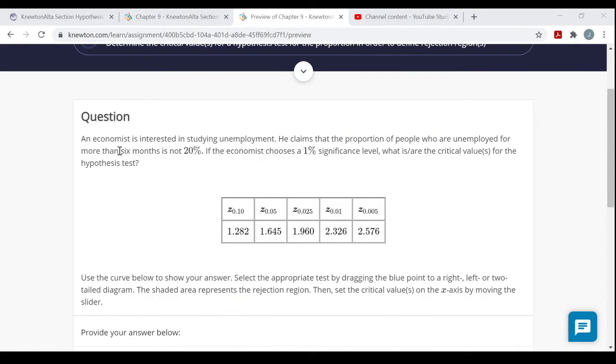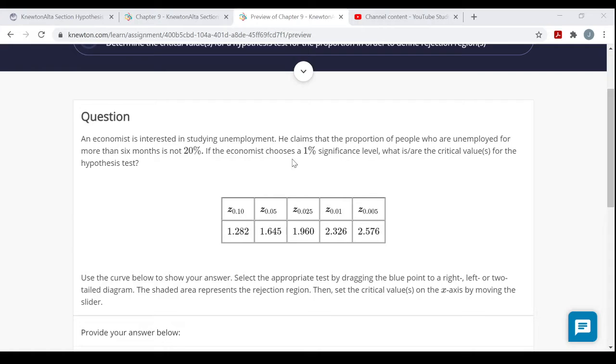So the question is, an economist is interested in studying unemployment. He claims that the proportion of people who are unemployed for more than 6 months is not 20%.